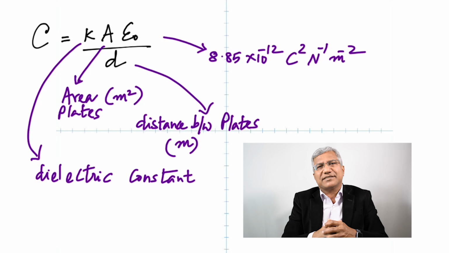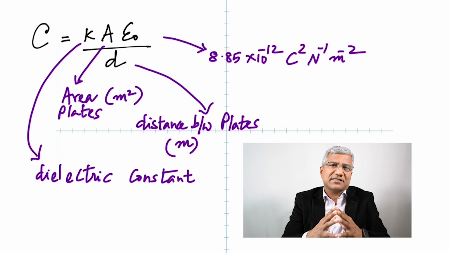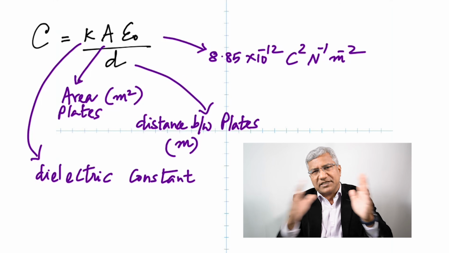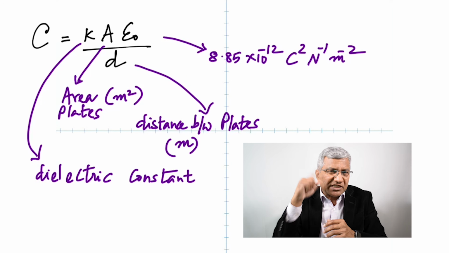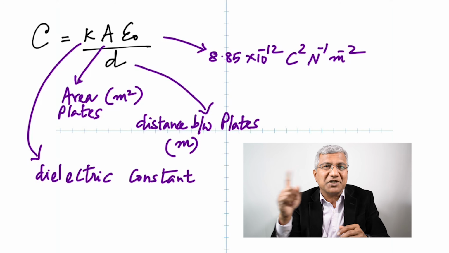What quantity stays the same when capacitors are connected in series? Yes, it's the charge. The charge stays the same. So if you have any number of capacitors connected in series, all of them will have the same charge. Just like all resistances connected in series have the same current.